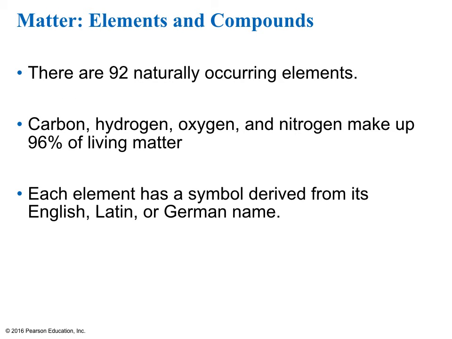So there are 92 naturally occurring elements, although more can be created. And carbon, hydrogen, oxygen, and nitrogen make up 96% of living matter. Each element has a symbol derived from its English, Latin, or German name.